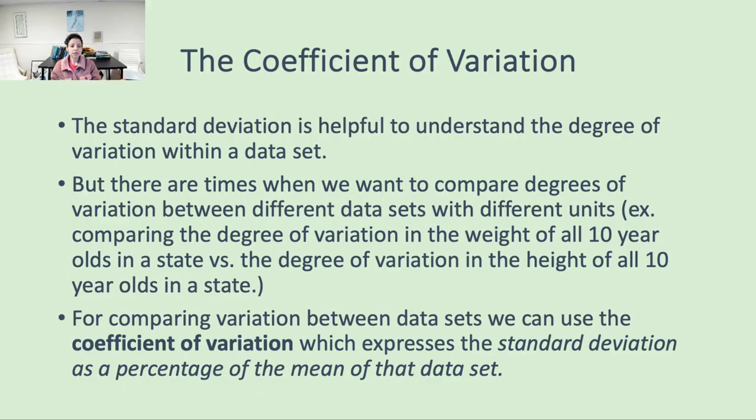For example, comparing the variation of the weight of all 10-year-olds in the state versus the variation in their height. When comparing variation between different data sets, it's helpful to use the coefficient of variation. This expresses the standard deviation as a percentage of the mean of that data set.